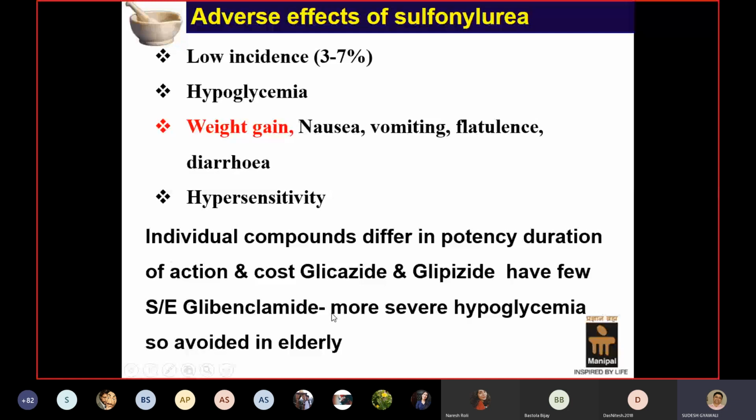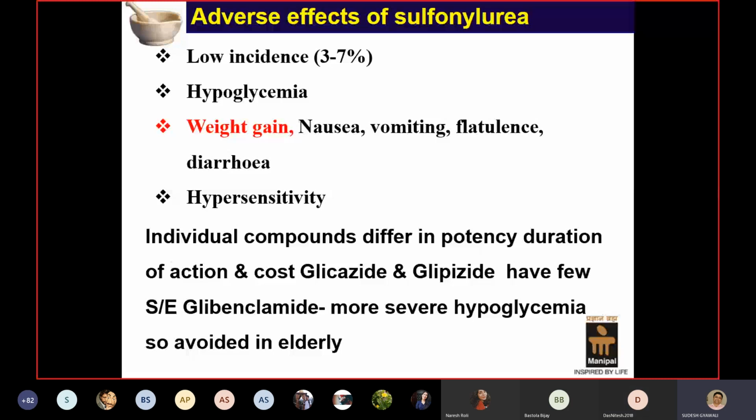So how do they differ? The individual compounds differ in potency. Potency means how much of the drug you have to take. Some you may have to take 1 milligram, 2 milligram, or some may be required at 40 milligram. Which one is more potent, the drug taken at 1 milligram or 40 milligram? 1 milligram is more potent.